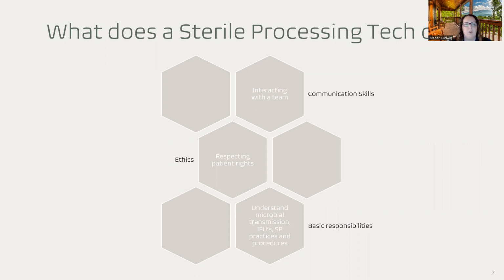But there's some other skills that are also super important aside from sterilizing the instruments or decontaminating things, okay? There's a lot of things that go into that. First of all, you have to be a good team player. You have to interact with the team because it's not just you in the department, right? You're always going to have coworkers, but not just the coworkers down in sterile processing. You're going to be in contact with people inside the OR.